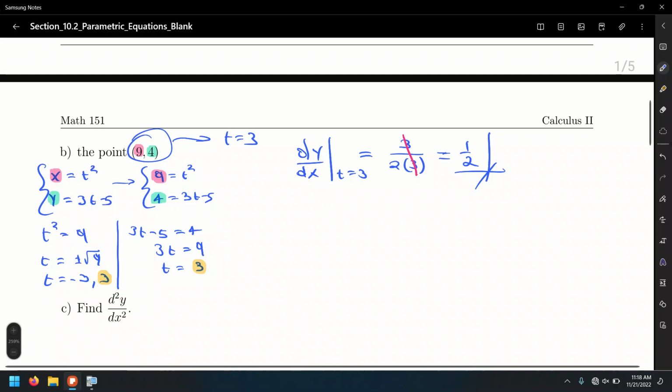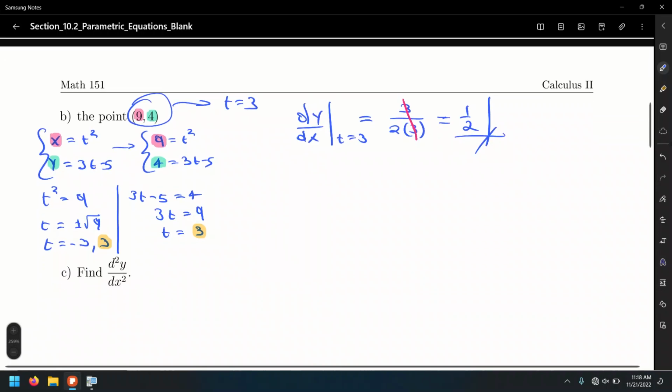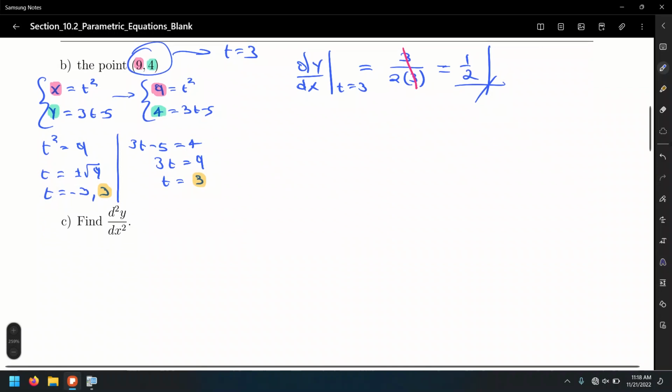All right. So let's see. Find the second derivative. Let me write down the formula first. That's the one that could be a little tricky. So I'm going to take the derivative of the already found first derivative and keep dividing by dx/dt.